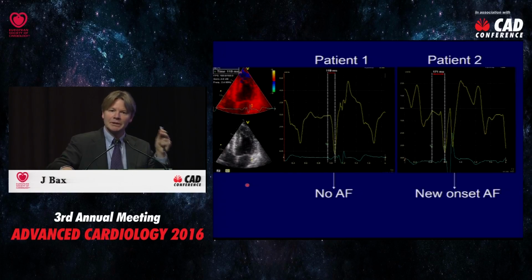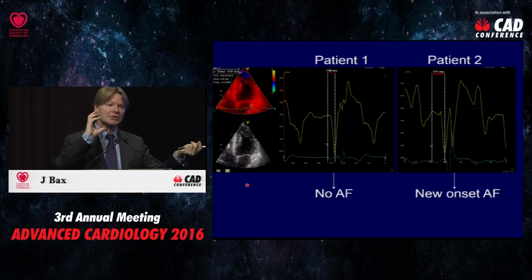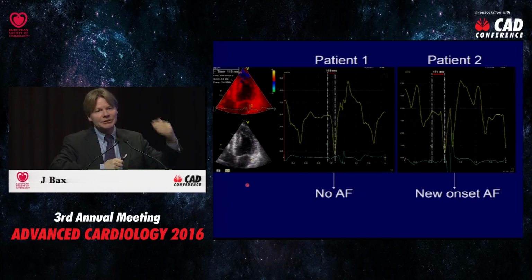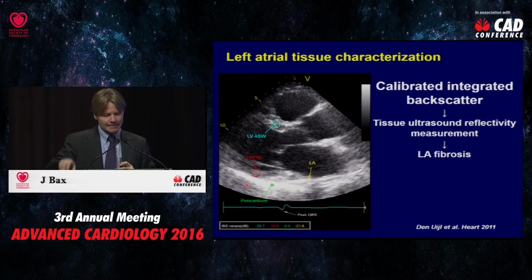It will never be the case that you say, oh, if you have 50, you don't get atrial fibrillation. If you have 60, you do get atrial fibrillation. But it's an additional marker. The bigger the size gets, the more fibrosis, the booster pump function goes down, and you probably, over time, develop atrial fibrillation.